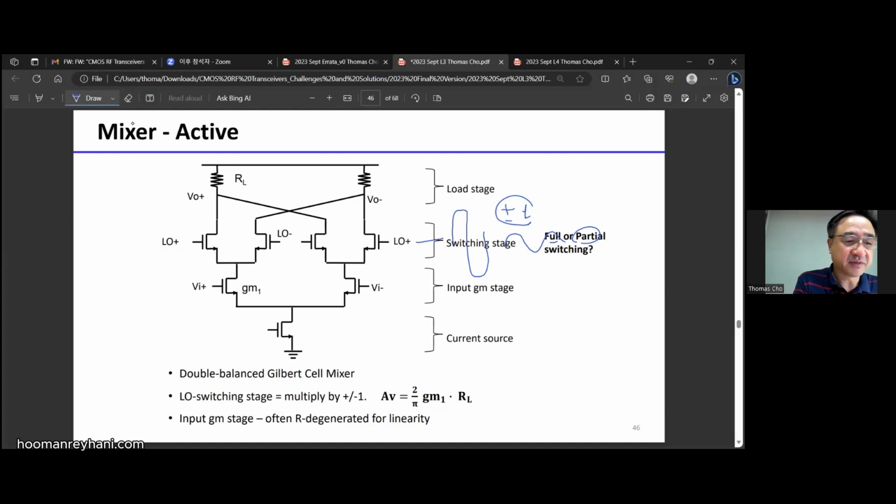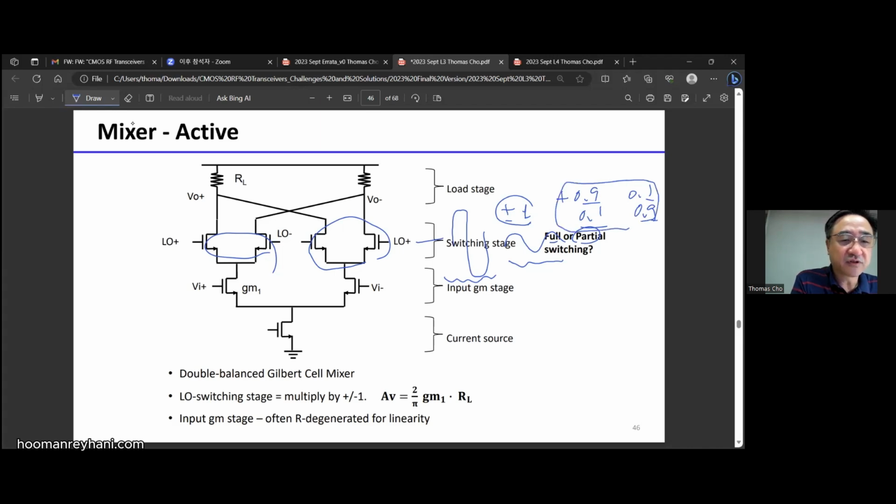I think in the previous lecture I mentioned that full switching is the preferred way, because if you have a smaller LO swing and these four quad transistors are not completely switching to plus minus one, then you may have 0.9 on one side, and on the other side 0.1, 0.1, 0.9, like that, right?